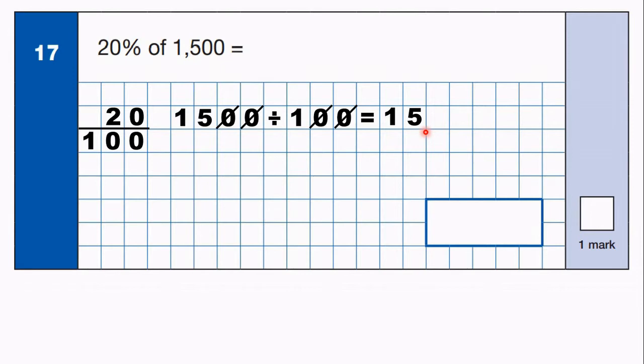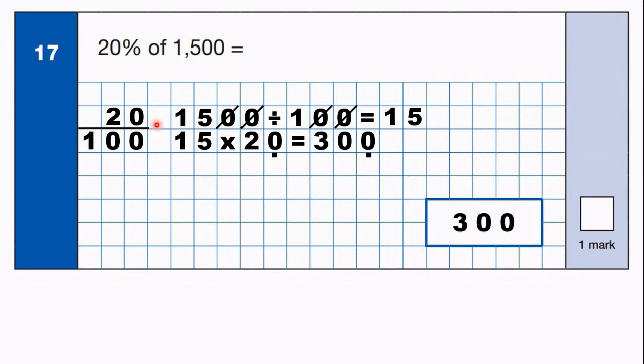Then we multiply by the numerator, so we need to work out 15 times 20. That's 300, because 15 times 2 is 30, and then if we have one end zero in the question, we need one end zero in the answer after the 30 we got from multiplying 15 by 2. So 20% of 1,500 is 300.